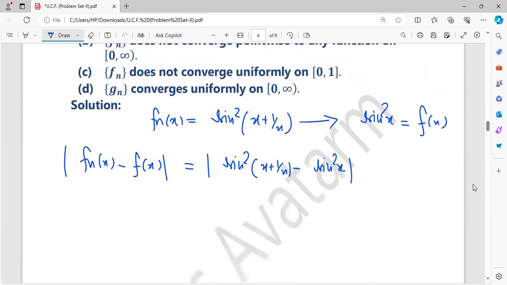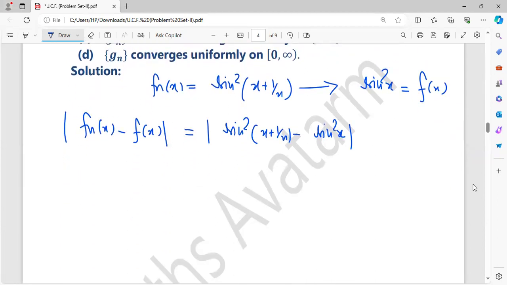But we can apply this, because we know that sine x is a Lipschitz function. If sine x is a Lipschitz function, we always have this condition: absolute value of f(x) minus f(y) is at most the absolute value of x minus y. Here x is x plus 1 by n, y is x, so that is 1 by n.